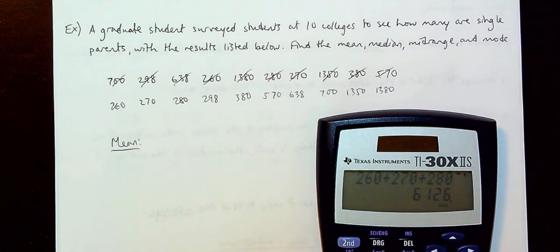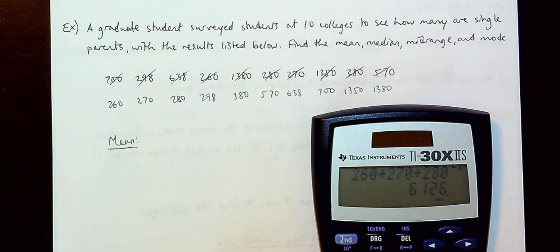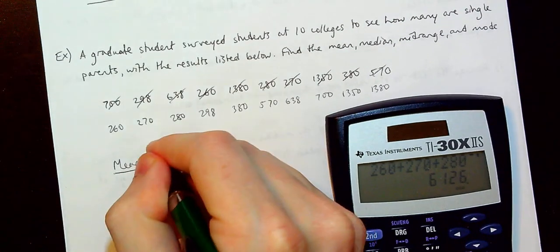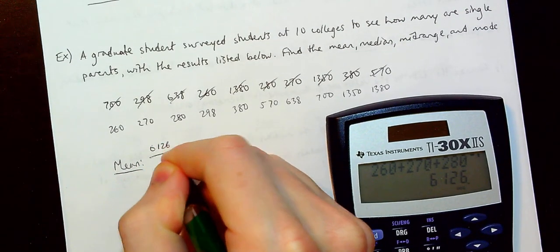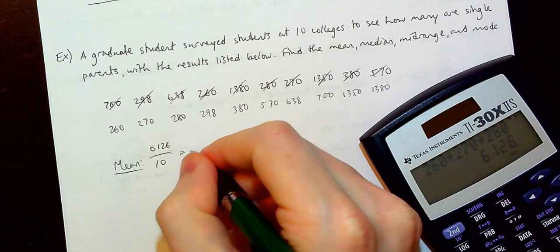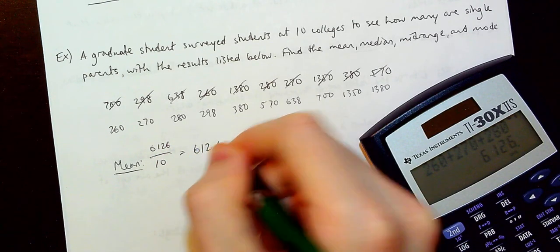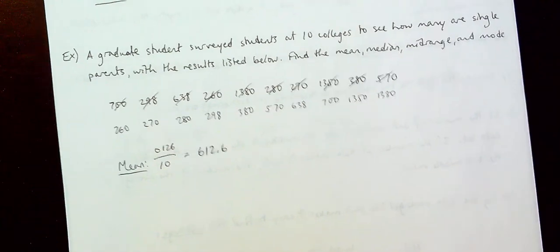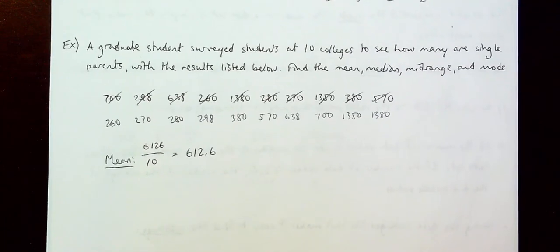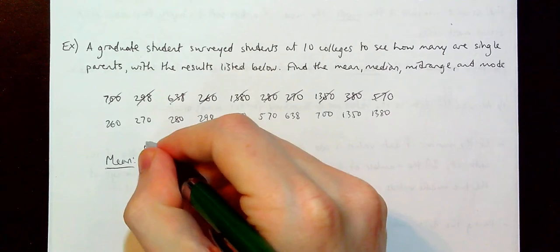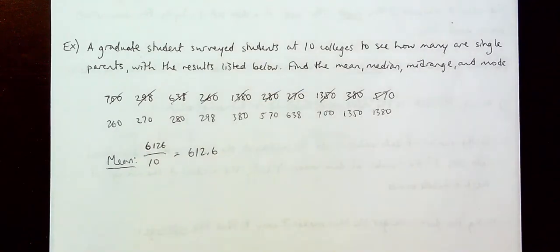That sum is 6,126. And if you divide that by 10, you get 612.6. Make that first 6 there very clear. So 612.6 is going to be our mean.